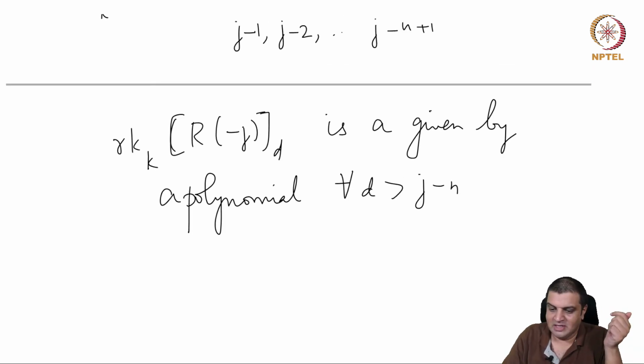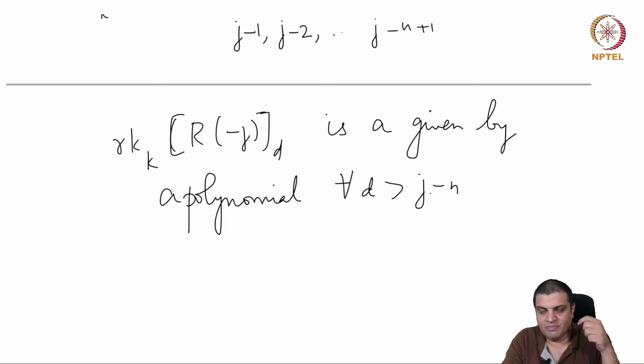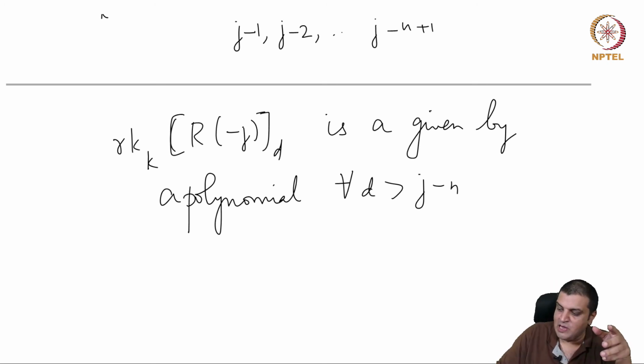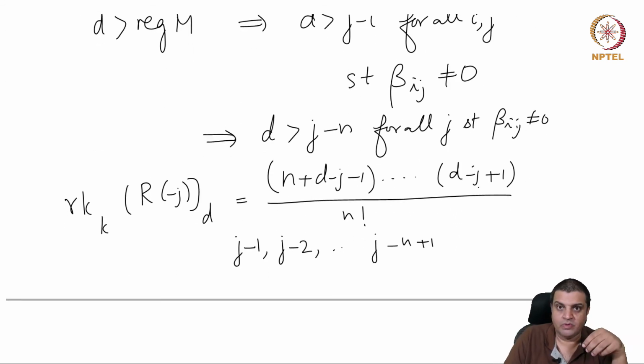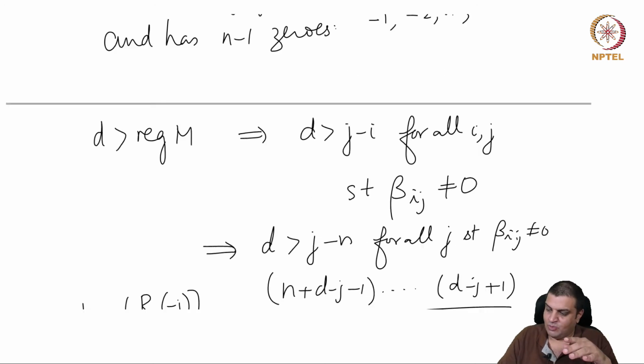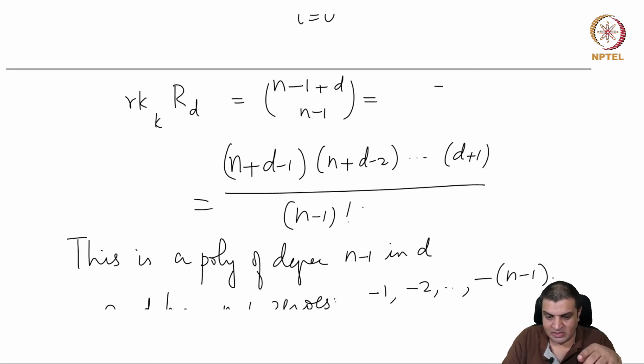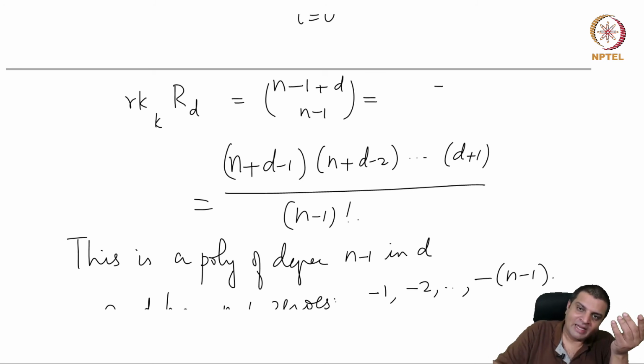That is because if it is like J minus n plus 1, the rank of this is 0, and so is the value of that polynomial. So let's go back to the polynomial for R. This polynomial is such that for degree 0 onwards, it has non-zero value and agrees with that rank. But from minus 1 to minus n plus 1, it has value 0, and therefore again it agrees with the values of this. This is 0, so is this, in this range.